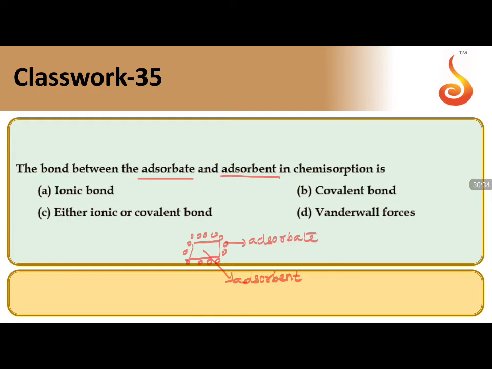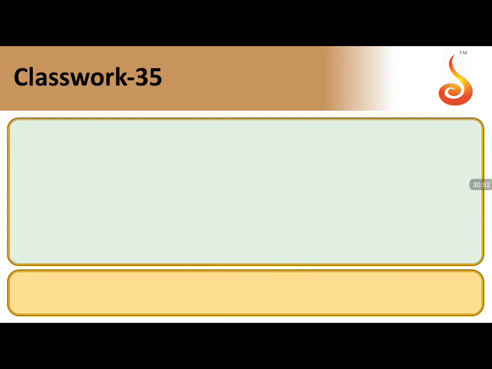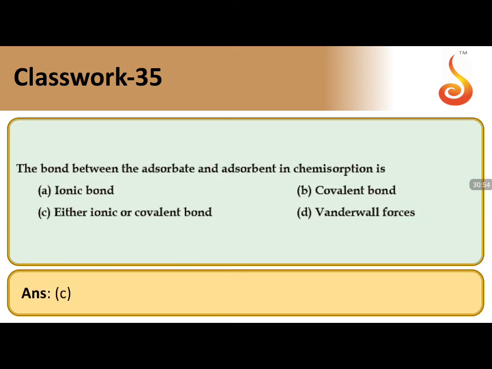The particles adsorbed are adsorbate. And what is the bond present in chemisorption? I told you it can be any chemical bond. A chemical bond can be either an ionic bond or a covalent bond. So the answer should be option C, either ionic or covalent bond.